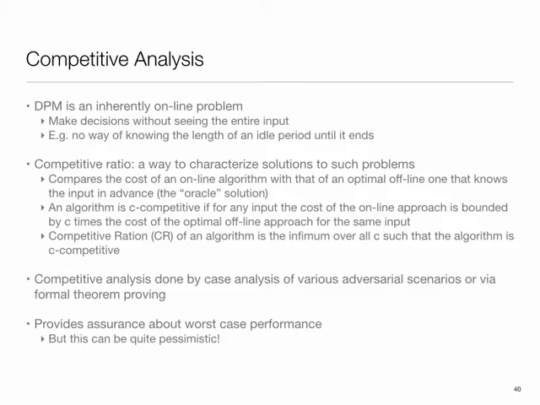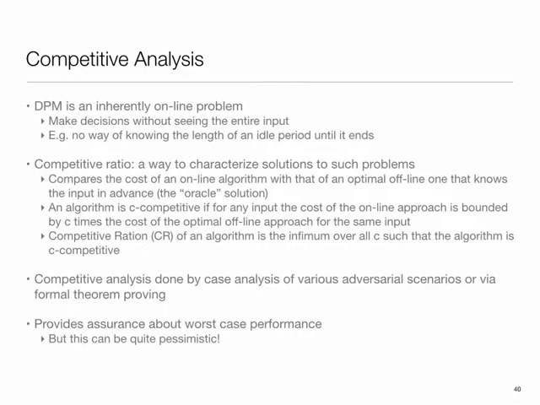The idea is that an algorithm is called C-competitive if for any input the cost of the online approach is bounded by C times the cost of the optimum offline approach for the same input, and then you look at the worst case over all such C. So if an online algorithm is optimum, it's another way of saying that its competitive ratio is the smallest.